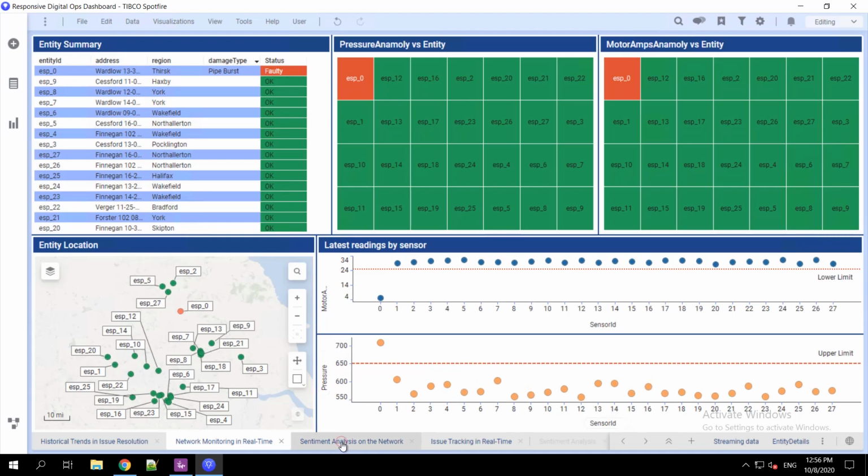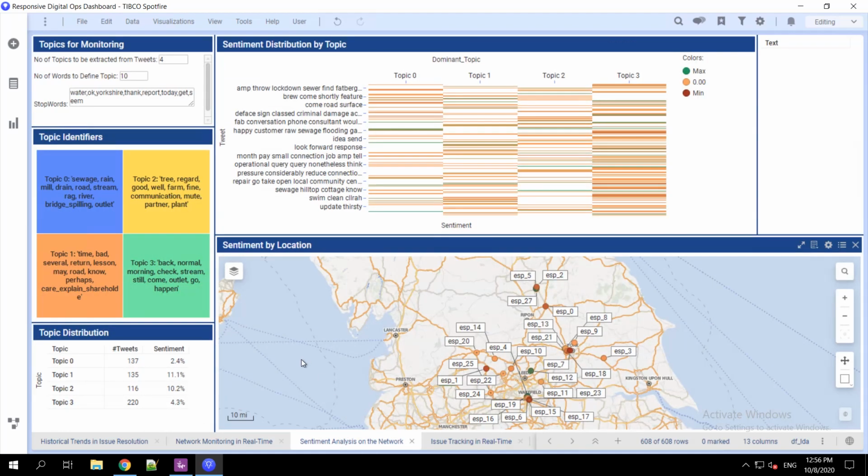We talked about how we have added a layer of social media data to look at what the issues are and what the sentiment of the people across the network is.